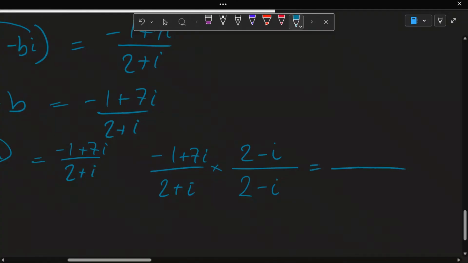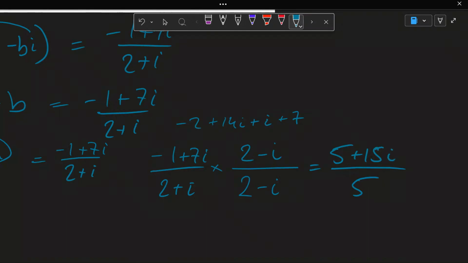Okay, so this just becomes 5. On top here we have minus 2 plus 14i plus i plus 7. So it would give us 5 plus 15i. So that is just 1 plus 3i.